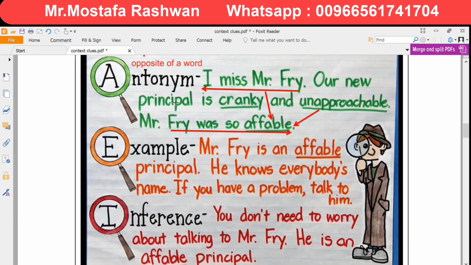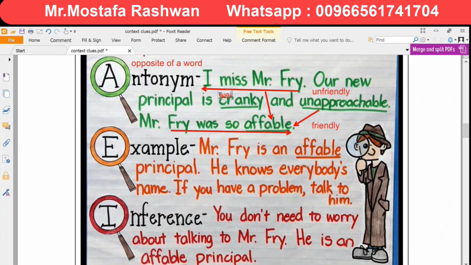If he liked his new principal, he wouldn't say, I miss Mr. Fry. So the new principal is unapproachable, which means unfriendly. While about Mr. Fry he said he is affable, which means he is friendly.